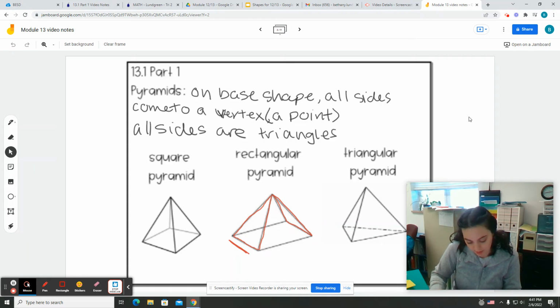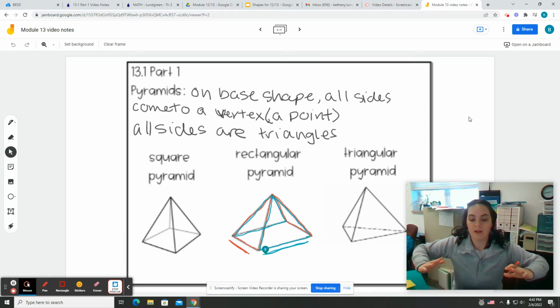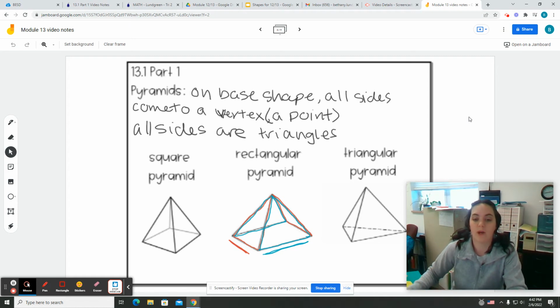So you'll have those 2 triangles which are identical to each other, but then you'll have these 2 triangles, the one there and one along the back, that are identical to each other. And those will be a little bit wider because that baseline is wider.